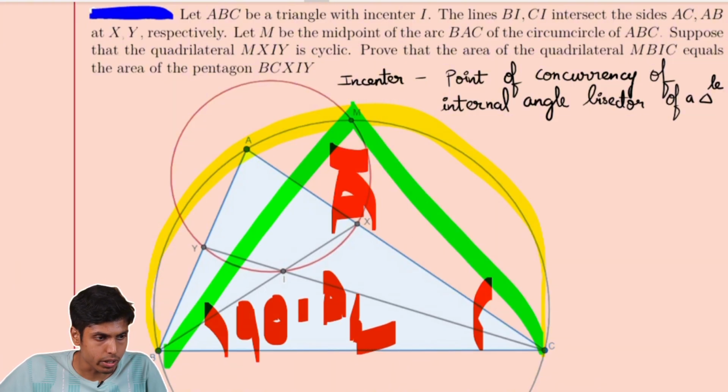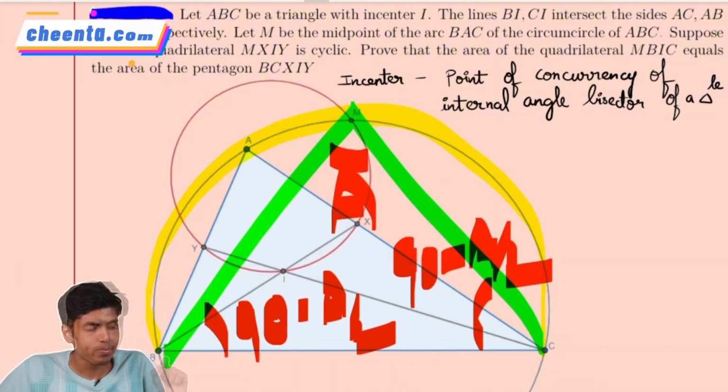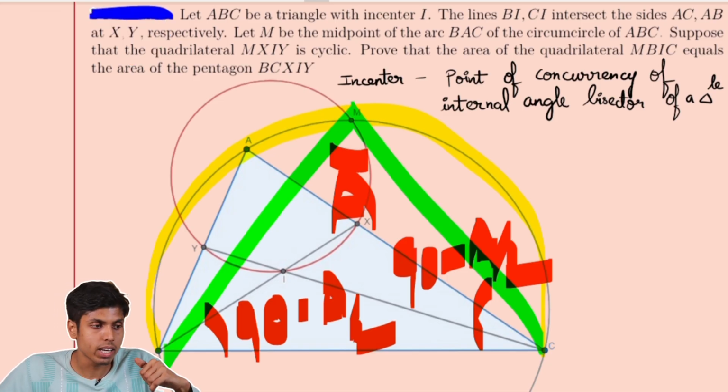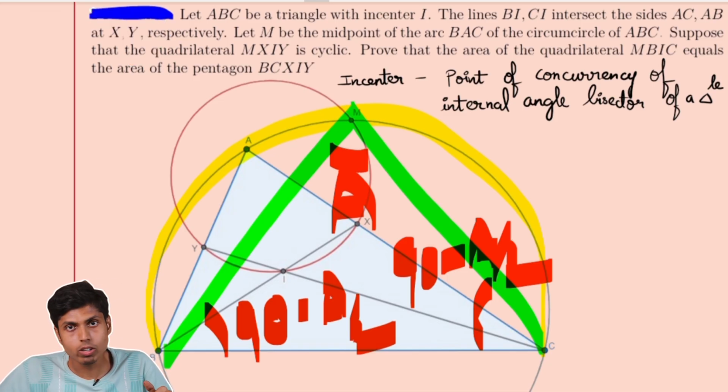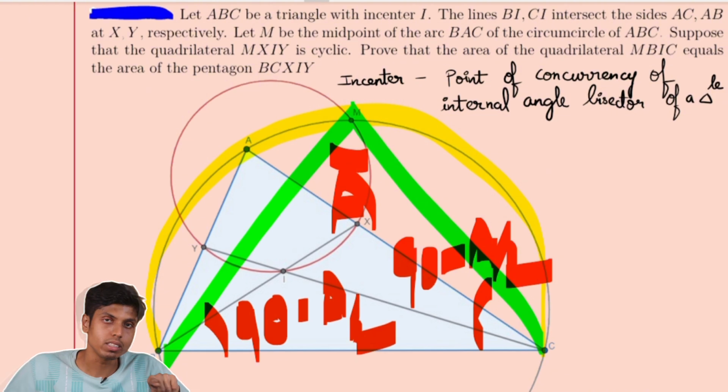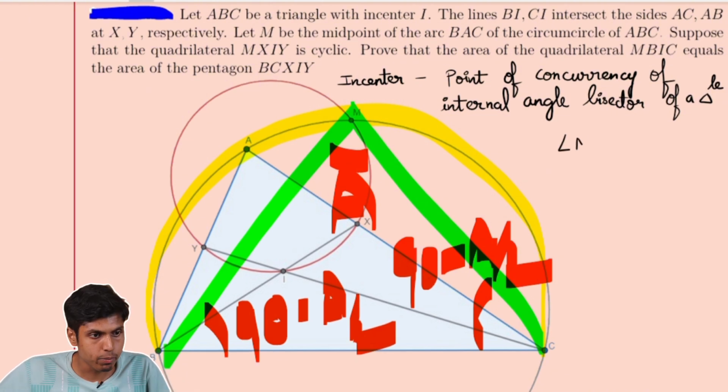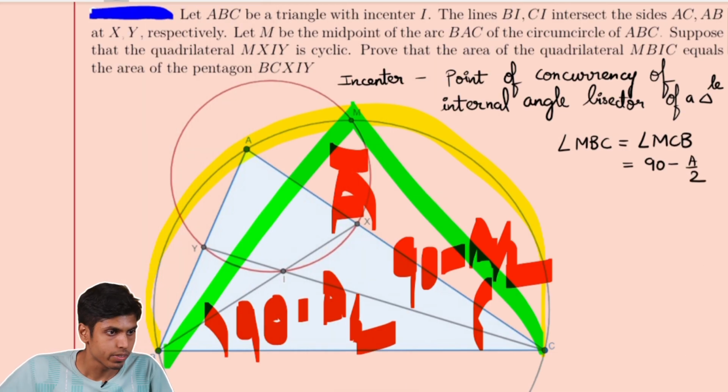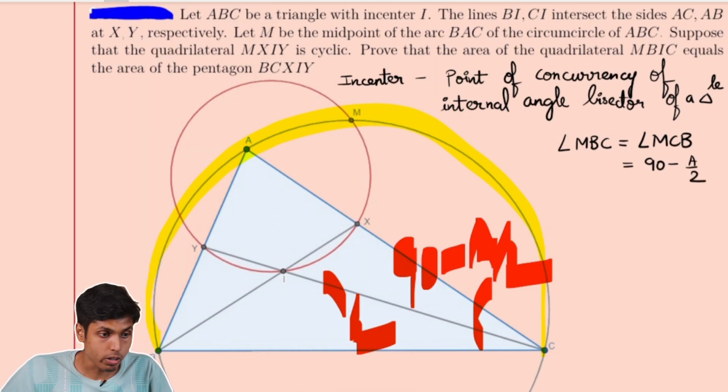This is also a way to define the point M. That is the point such that it makes angle 90 minus A by 2 with BC at both B and C. Let's write it down. Angle MBC equals angle MCB equals 90 minus A upon 2. Alright, so we have defined M in a concrete way.